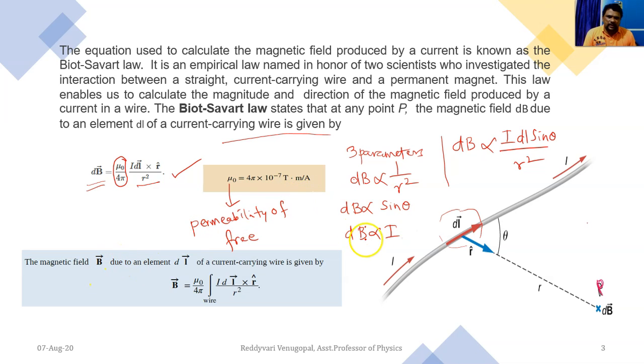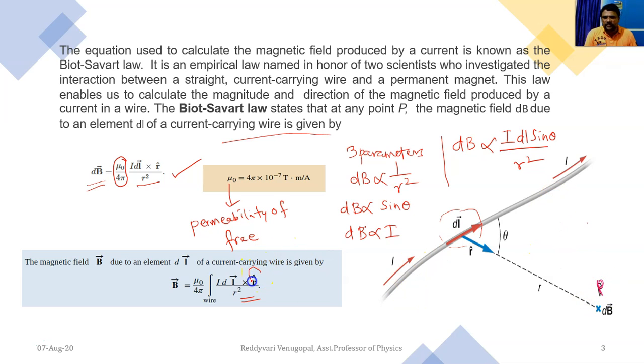Then the total magnetic field induction B at point P due to the entire current carrying wire is given by B bar = mu naught by 4 pi integral over the wire of I dl bar cross r bar divided by r square. By using this formula, we can find the total magnetic field at point P due to the entire conductor.